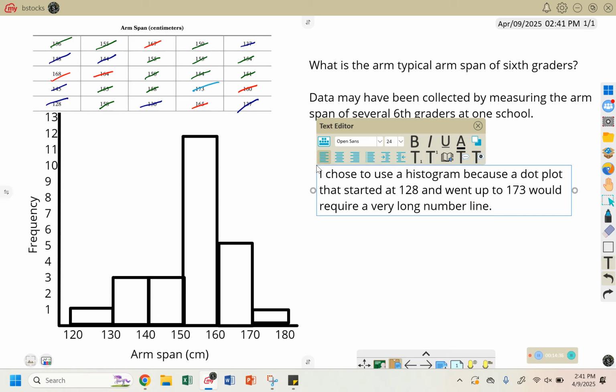So a histogram was better because I didn't have to draw out many numbers on my number line.